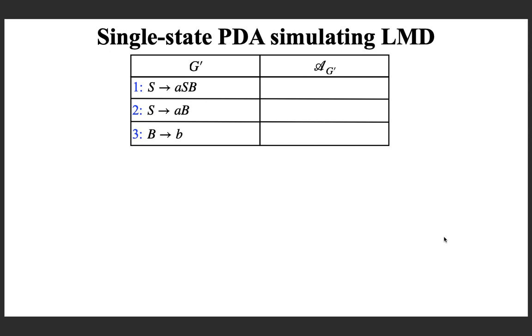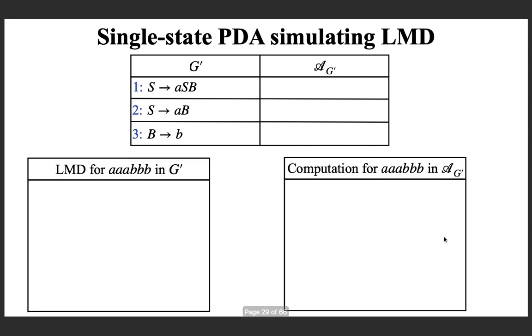This is that grammar. Now we will consider the leftmost derivation in this box, and we will try to represent the automaton's state or configuration here.